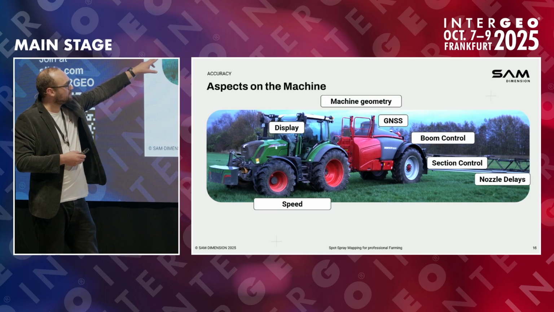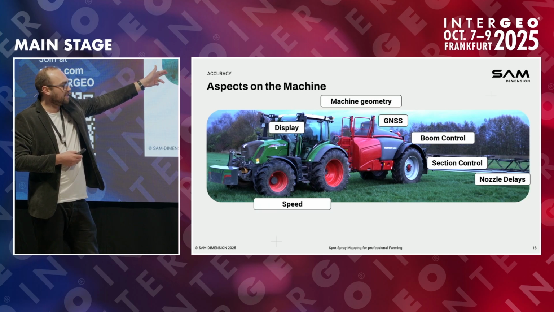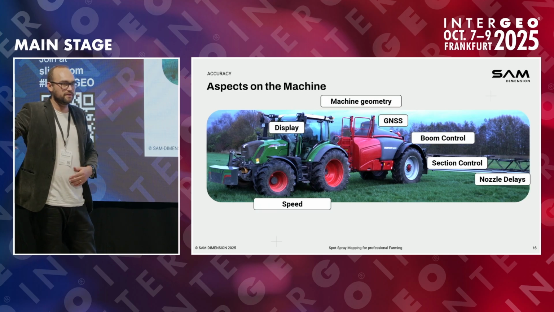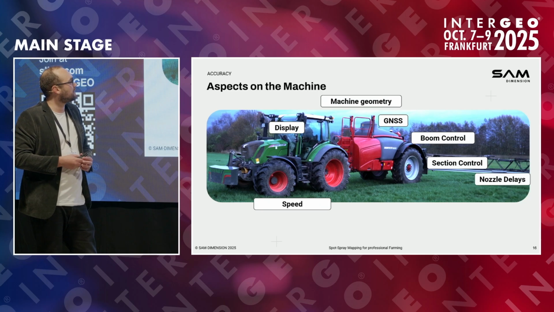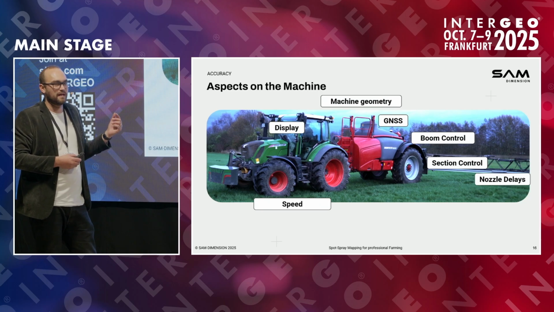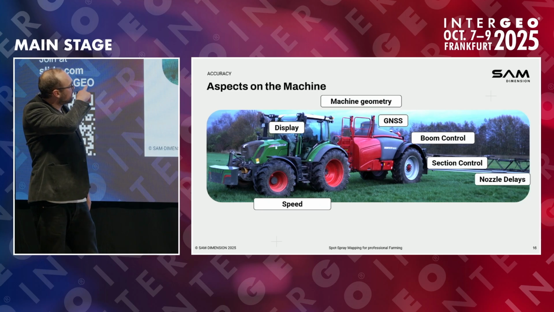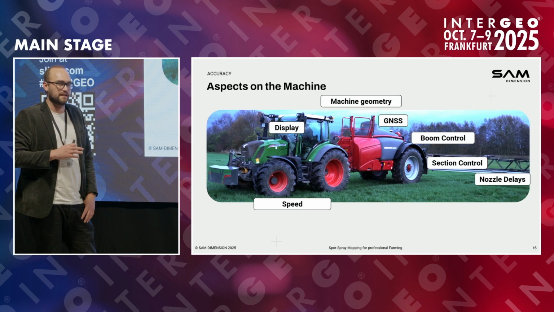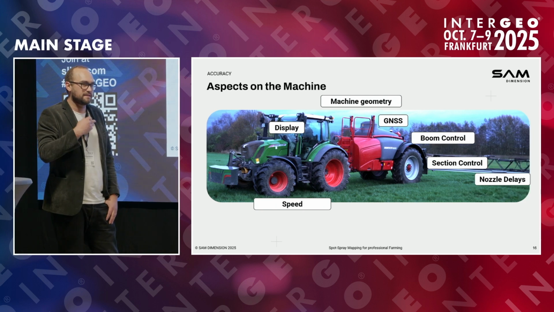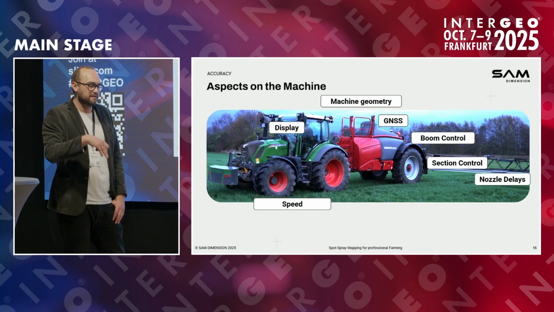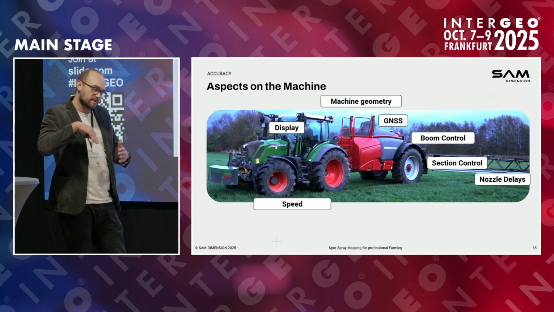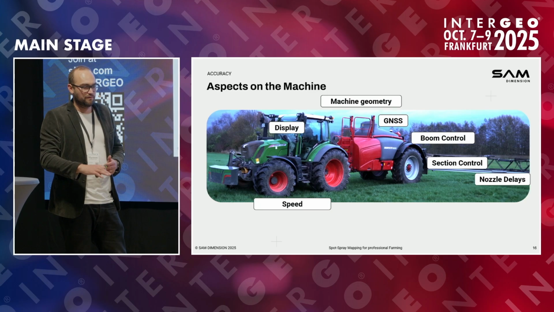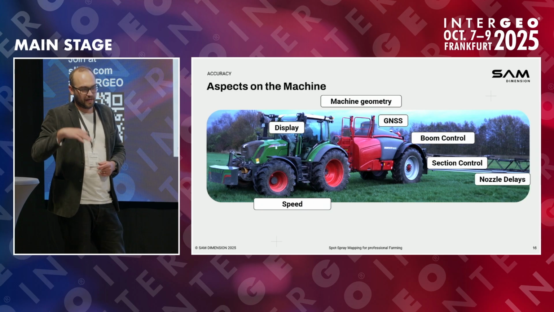Because it starts with the GNSS antenna, and then you basically have very long leather arms going to the side. And this has to be calibrated inside what we call the display, the computer that controls this entire system. It takes the GPS, takes the driving speed of the tractor, and turns on the nozzles a little bit before they reach this point and turns them off after they go over.